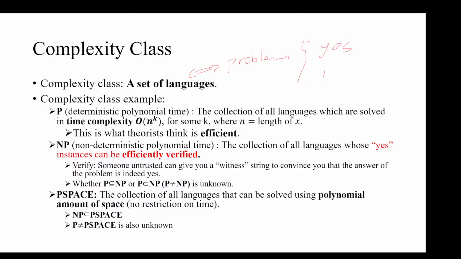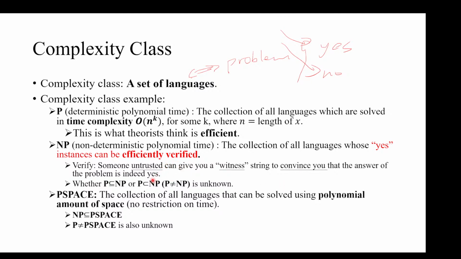Some input to the problem will give you yes, some input will give you no. And NP is a very funny class, such that if the answer is yes, then it can be efficiently verified.